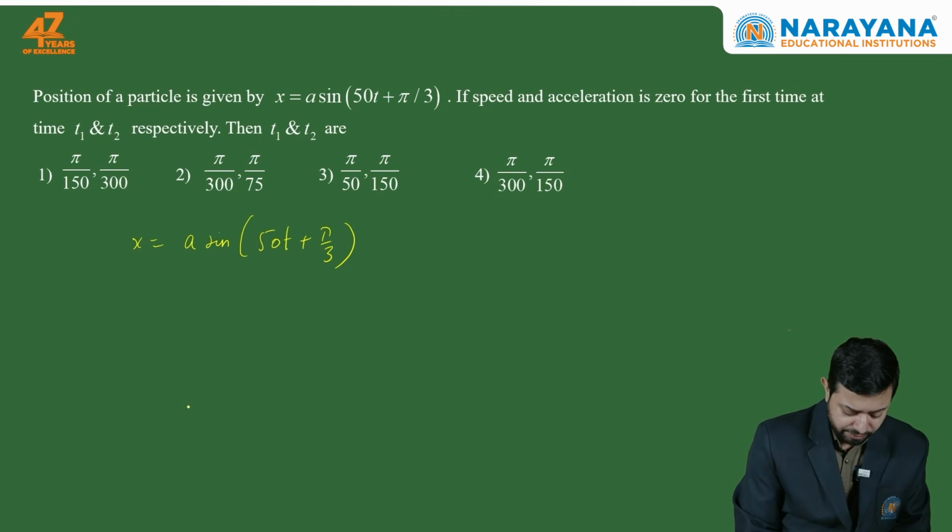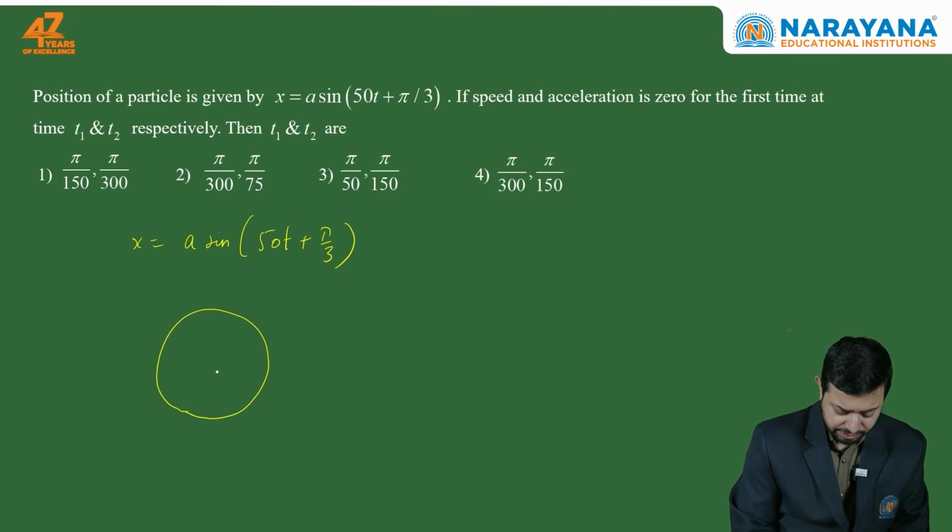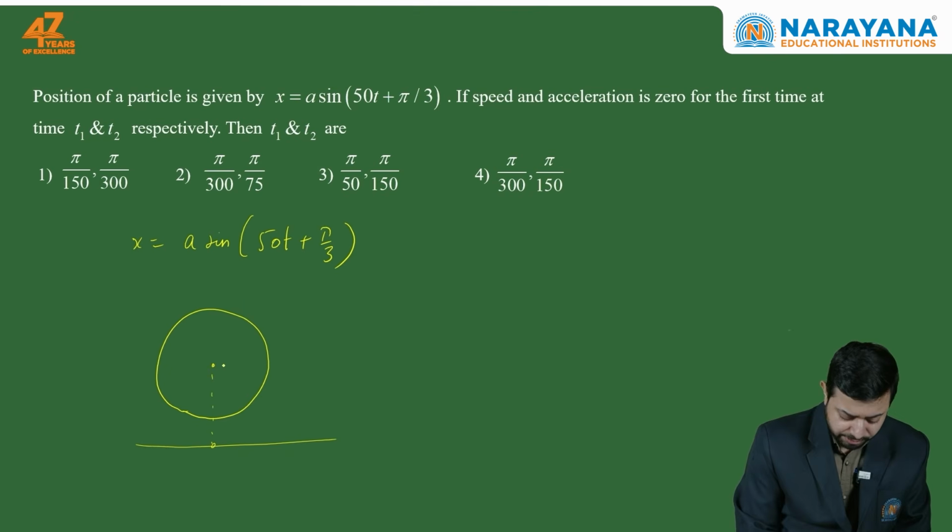So if you draw a reference circle, okay, and if you take the x-axis here, and its amplitude is going to be A, so that means the radius of the circle is A, okay. And this is the extreme position, x equal to plus A, and this is the other extreme, x equal to minus A, and this is x equal to 0.